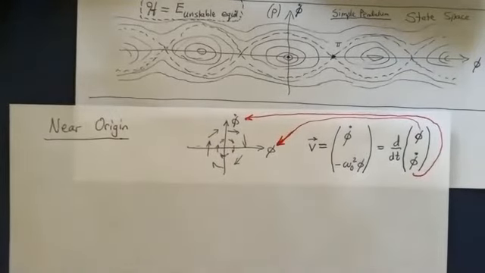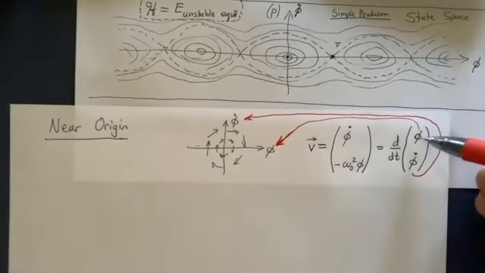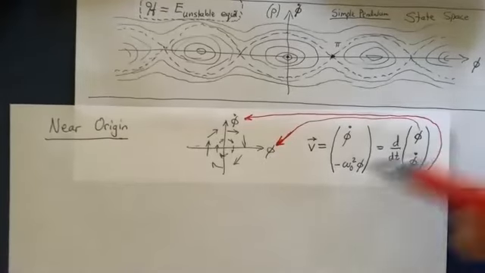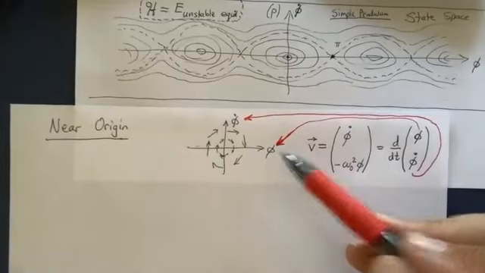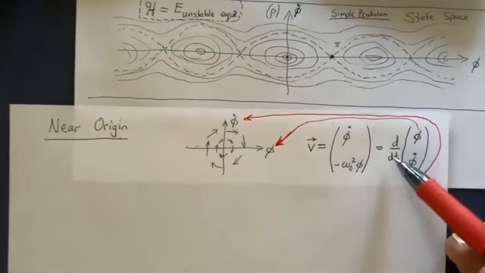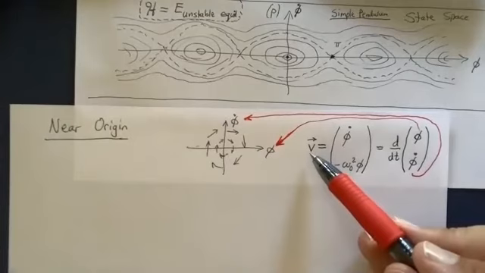Okay, that's why I went to all the trouble to draw these red arrows. I want to emphasize phi, comma, phi dot. Those are our coordinates, and that's why those occur here as labels on the axes. So this vector is our position in the classical state space. The time derivative of our position in the classical state space is the velocity vector field in state space, right?